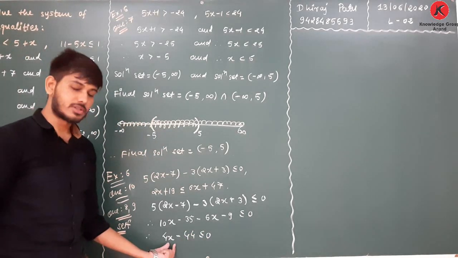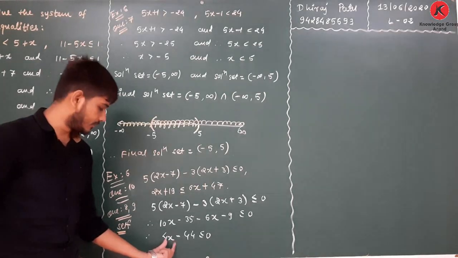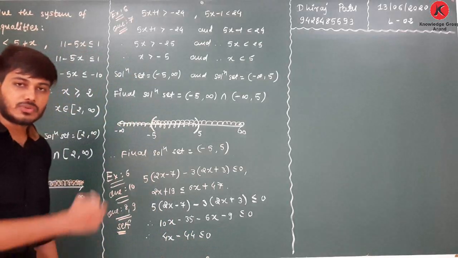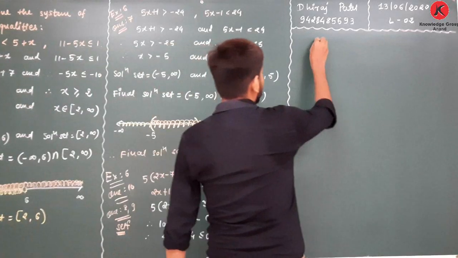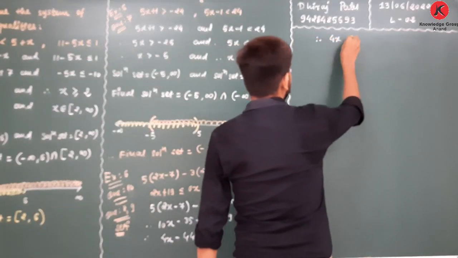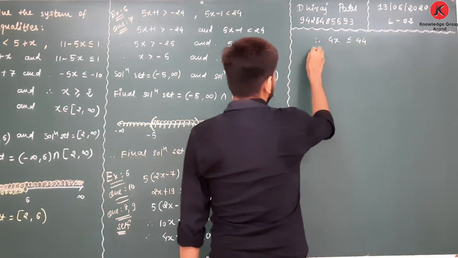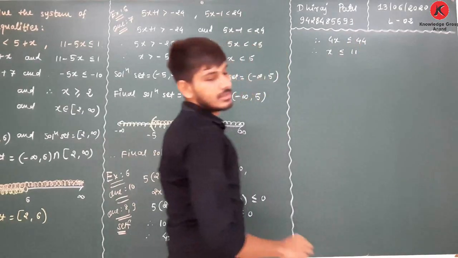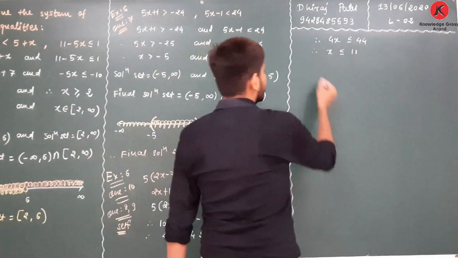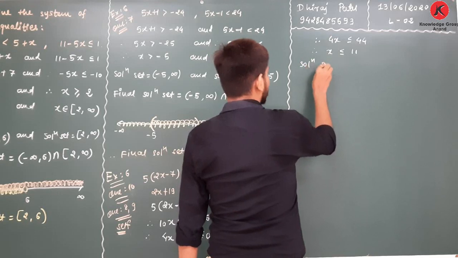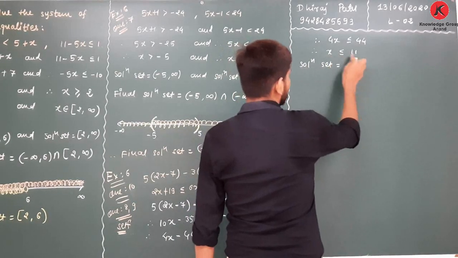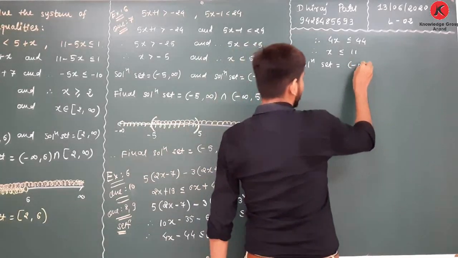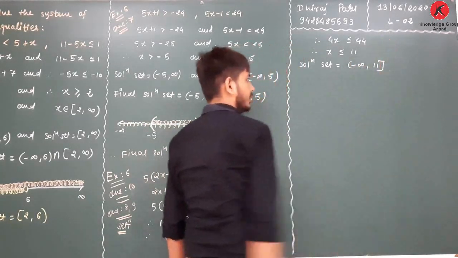We have to find the solution of x, therefore we have to make x the subject. First of all take minus 44 on the right hand side, therefore we get 4x less than or equal to 44. Then divide both sides by 4, we get x less than or equal to 11. Therefore the solution set of this inequality is x less than or equal to 11, therefore minus infinity to 11.